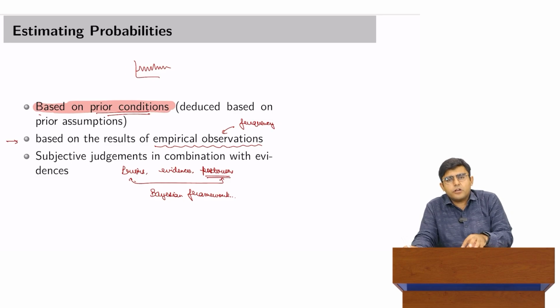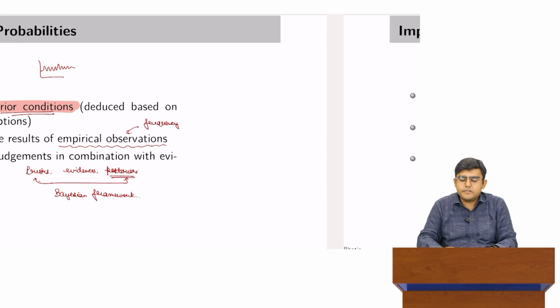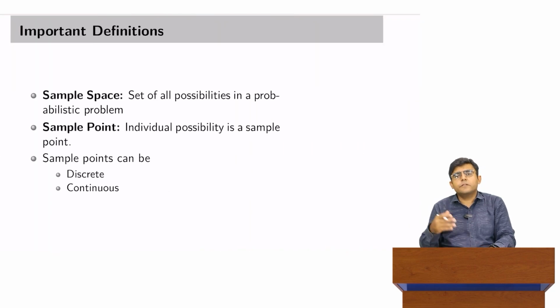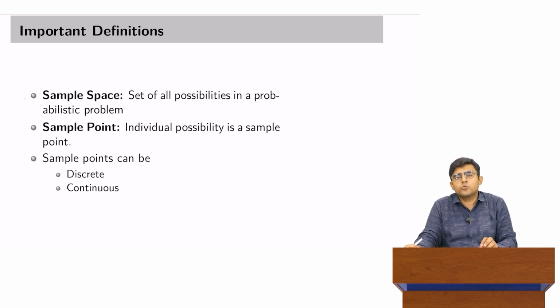So based on these three methods or three ways to estimate probabilities, we often end up with probabilities of things going right, things going wrong. Interestingly, in this course, our focus would be to work with the estimates of probabilities that would be given to us or that would be deduced from empirical evidences.